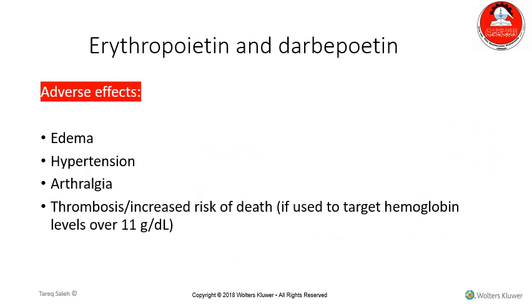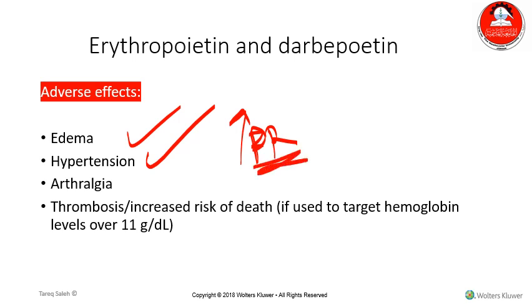As I mentioned, erythropoietin in general is safe as long as it's used based on those guidelines, but it can be associated with edema, elevation in blood pressure that is usually caused by increased peripheral vascular resistance or even increased blood viscosity.